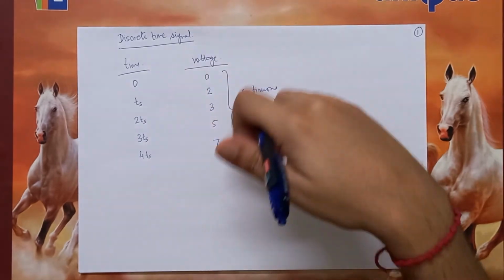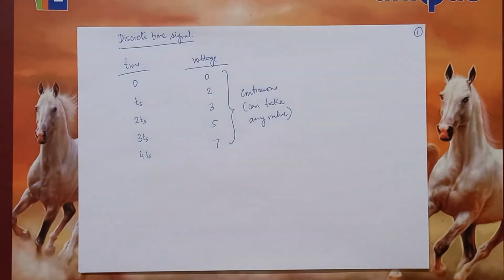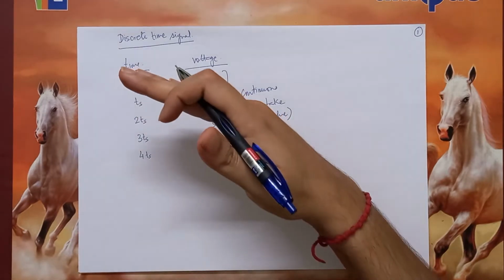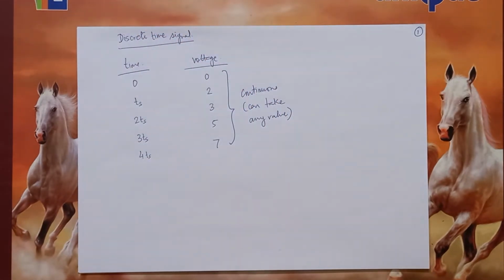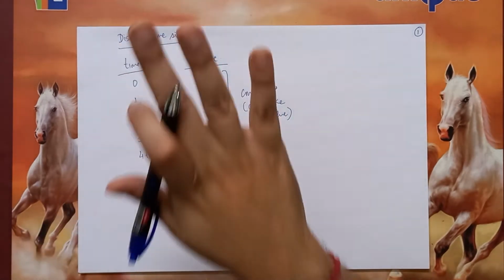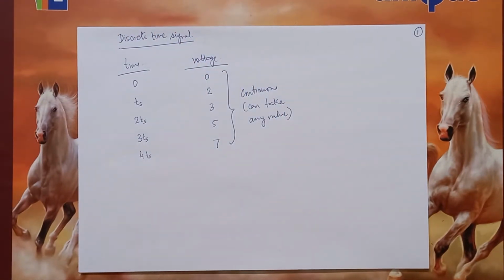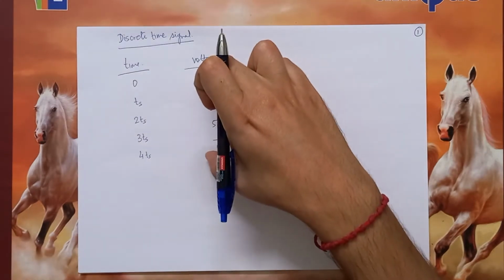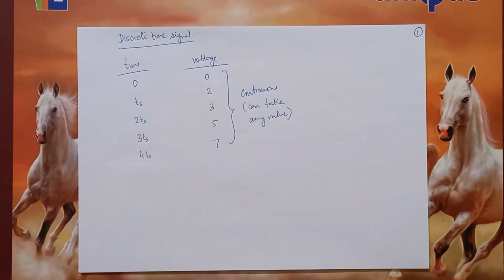So rather than trying to discretize things in the voltage domain, let us not forget what we are trying to do. We have to ultimately store these voltages somewhere or represent them in a certain manner in which it is convenient.